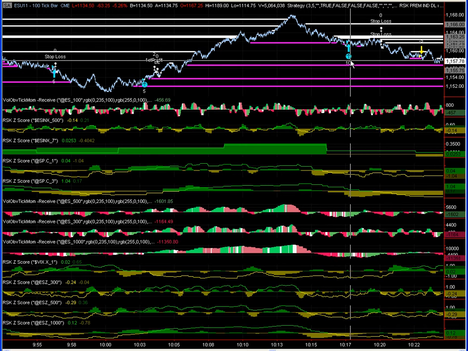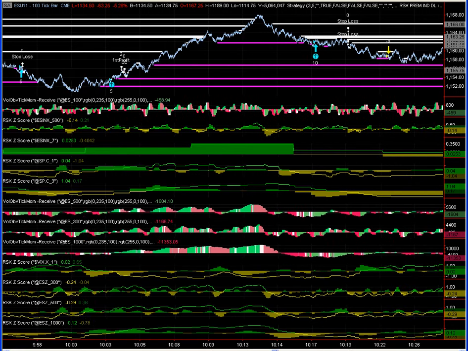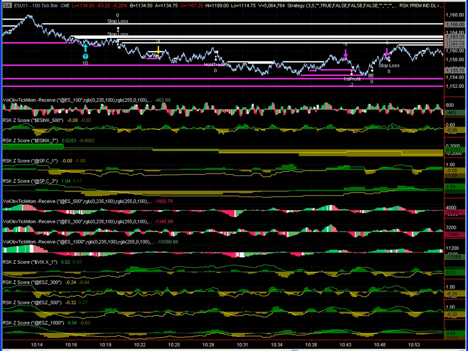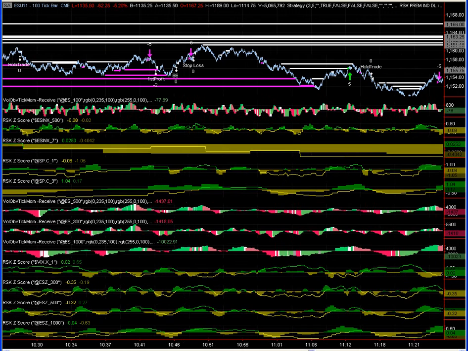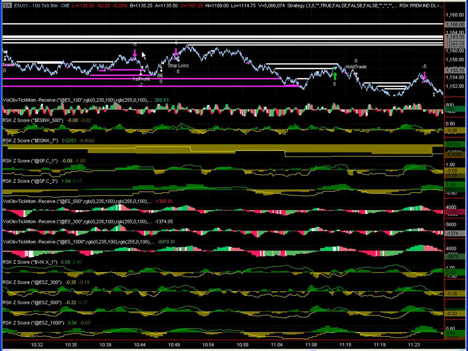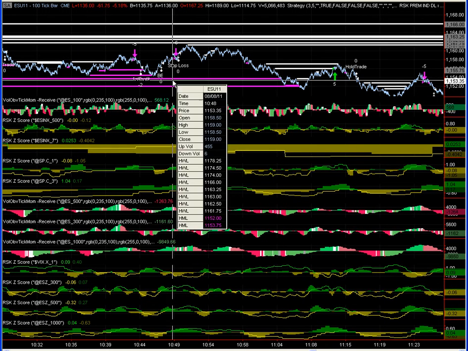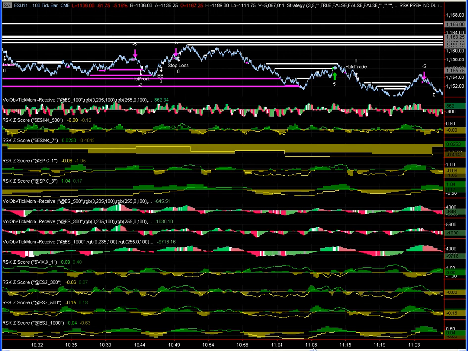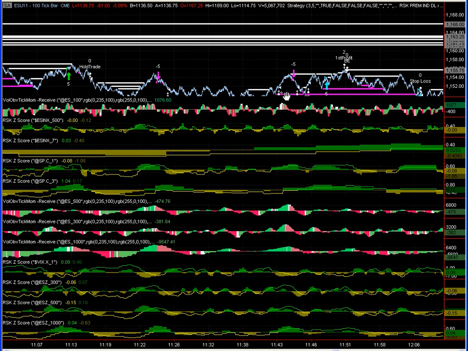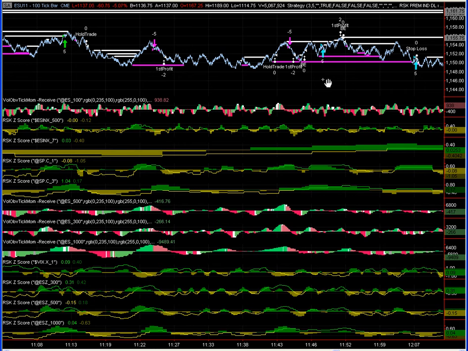Here's this long trade gets stopped out. Short trade exits on a hold trade reversal. Another stop out here. Hold trade reversal there. Now we start hitting some profit targets.